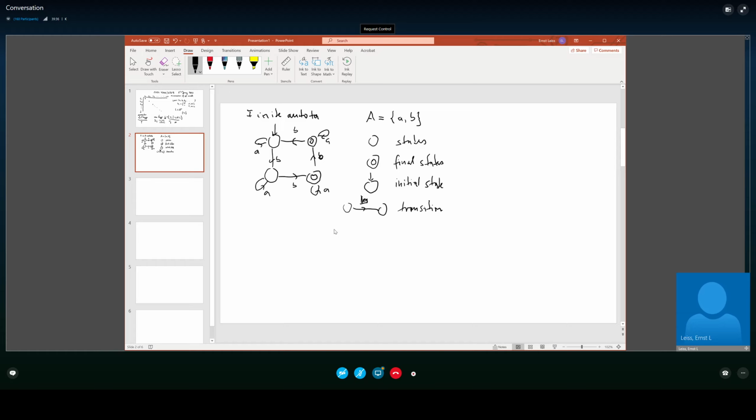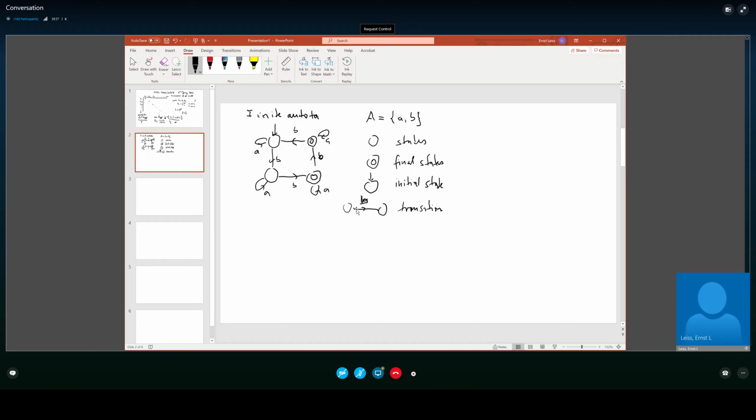Yes, the word is in the language, or no, it isn't. Now, of course, this is no longer a black box. We can actually look at how it works. And that means we now have to see how we use these states and those transitions.